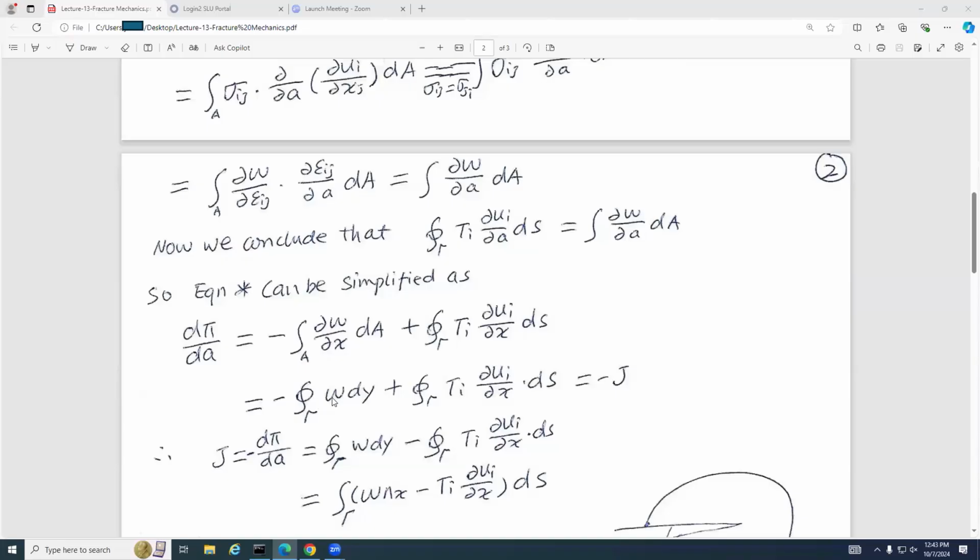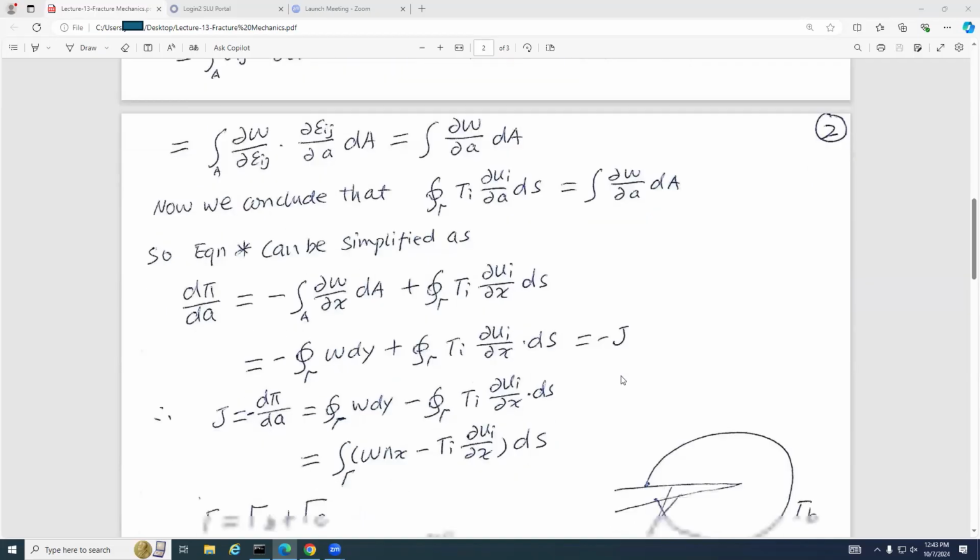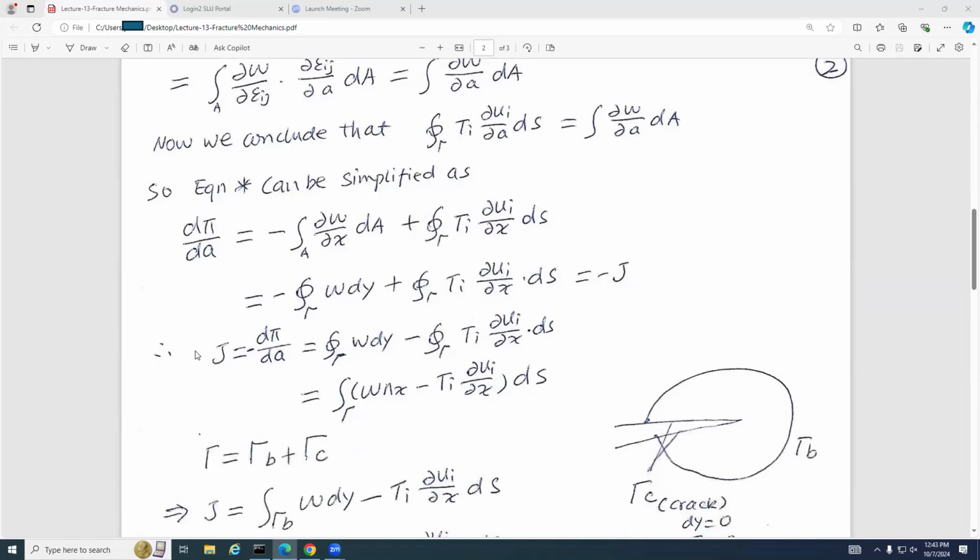So this one equals omega dy plus this gamma ti dui dx. This equals minus J, where J equals d pi dA.